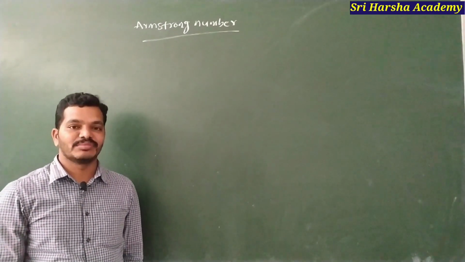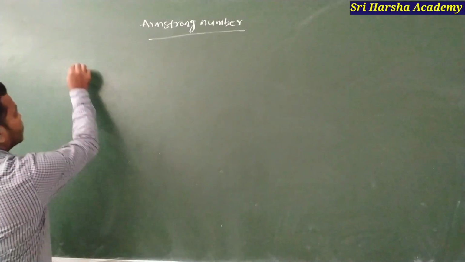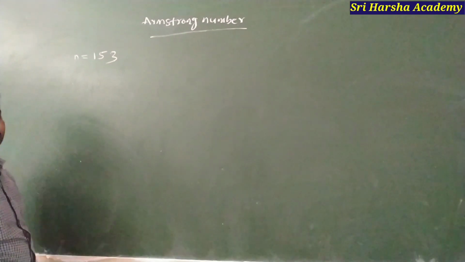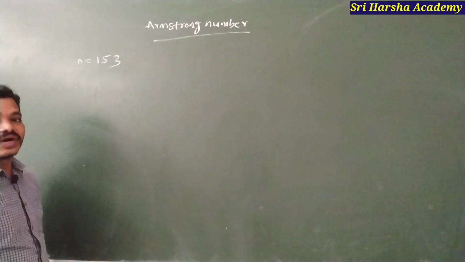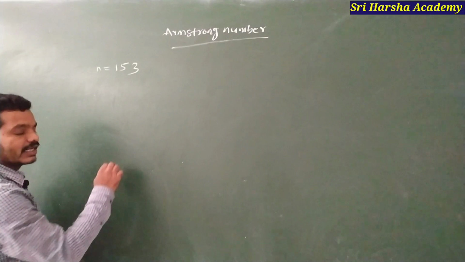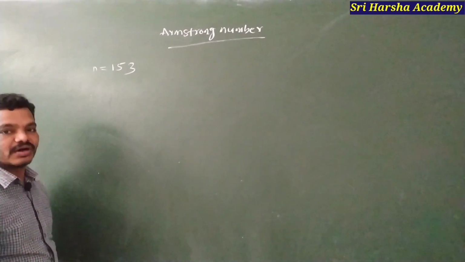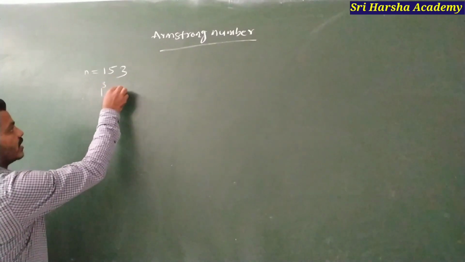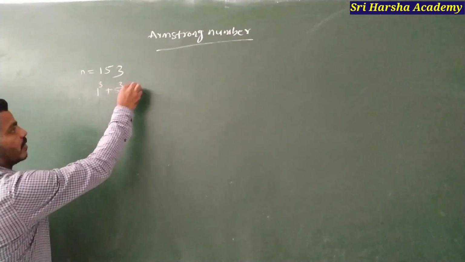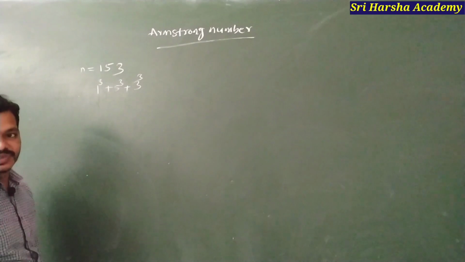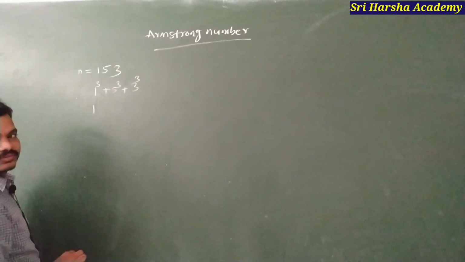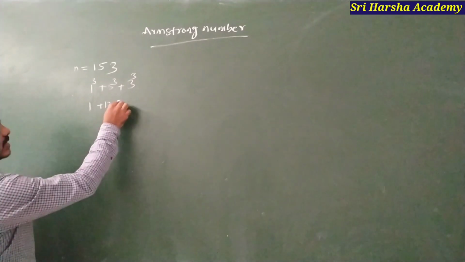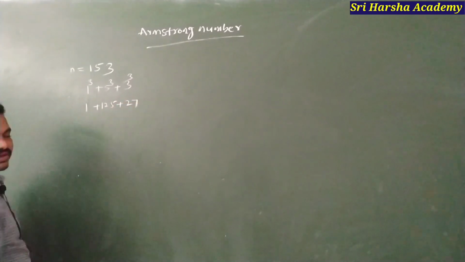Take one example number, n equals 153. Here the individual digits are 1, 5, 3. Now calculate the cubes of the individual digits, that is 1 cube plus 5 cube plus 3 cube. 1 cube is 1, 5 cube is 125 and 3 cube is 27.